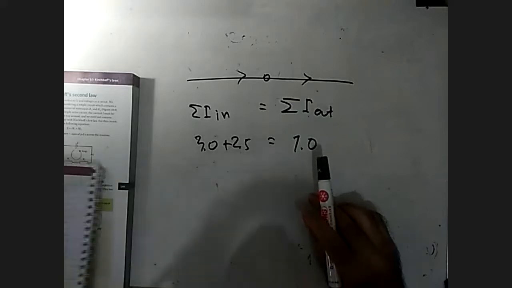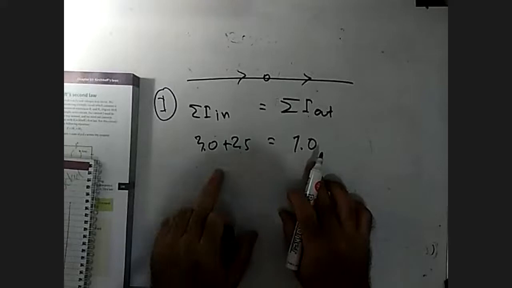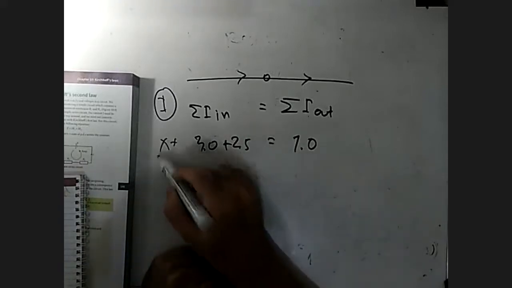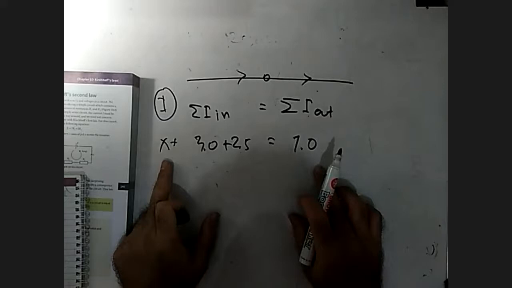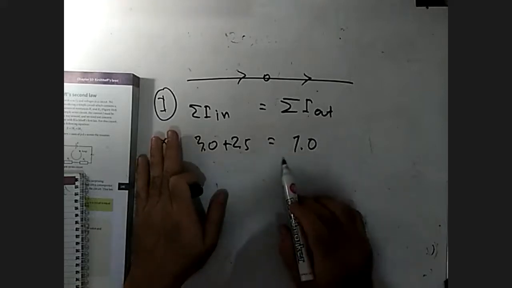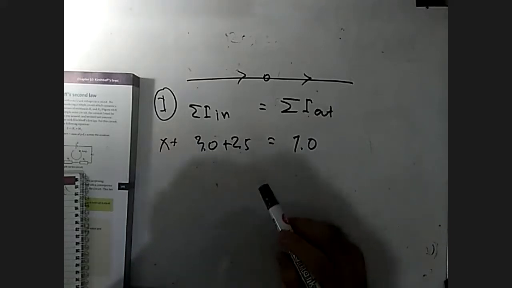Okay, now, this is the first law. Sir, why 3 plus 2.5 equals 7, sir? This is before the extra wire X. So the extra wire X must be here to make them balance. Before the addition, we have only these 3 wires with known direction.